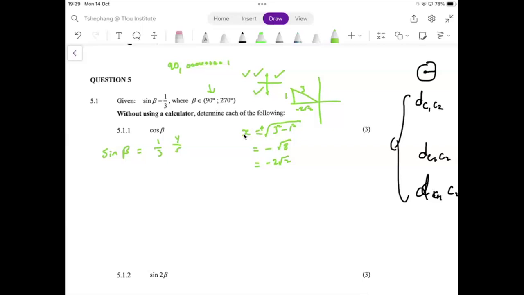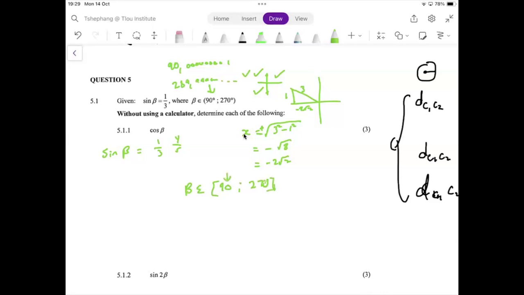So it is just over 90. And then it simply means that it is 269.9999999. That is valid, but it can't be 270.